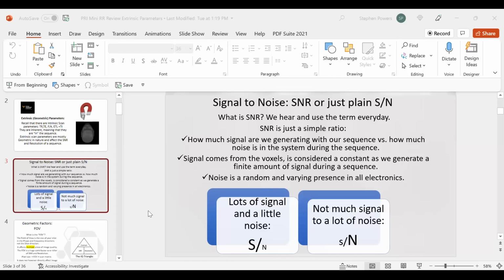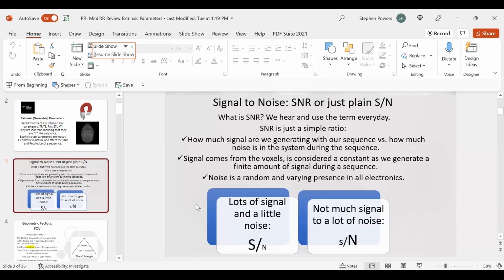So, all right, here's the second slide. So we want to generate signal. We get it from our pixels or our voxels. We get a finite amount of signal for that sequence. We want to have low noise if we can help it. So signal is what we generate. Noise is what lives in all electronic equipment.